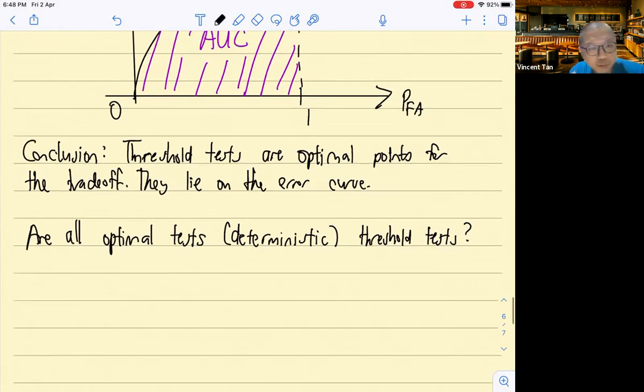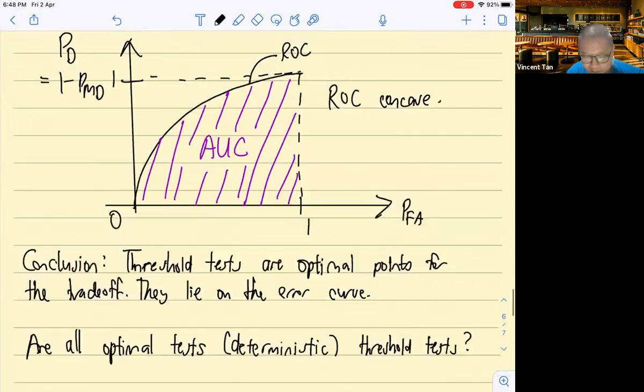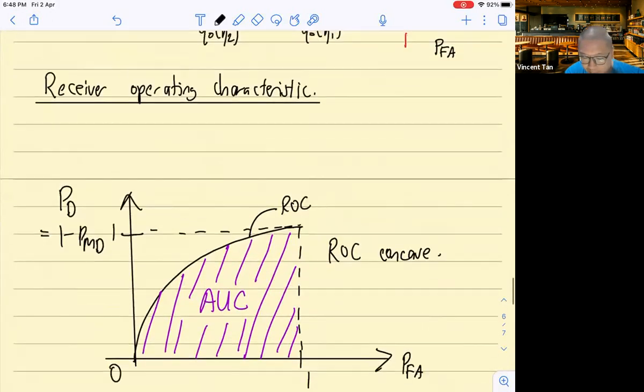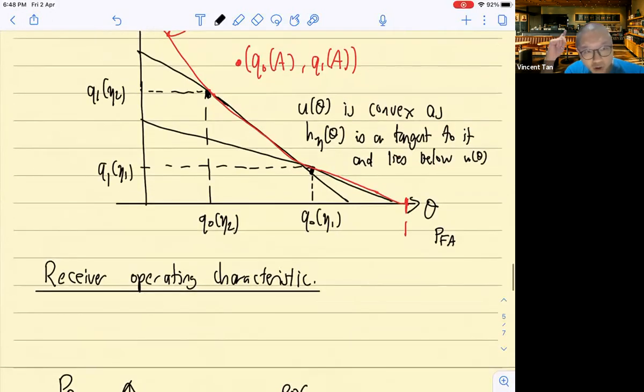So for example, if I want to achieve every point on the error curve, does it suffice for me to use a threshold test? There's a difference in the statements that I made, okay? One of the statements that I made is that all threshold tests lie on this red line, the error curve. But are all points on the red line corresponding to threshold tests?